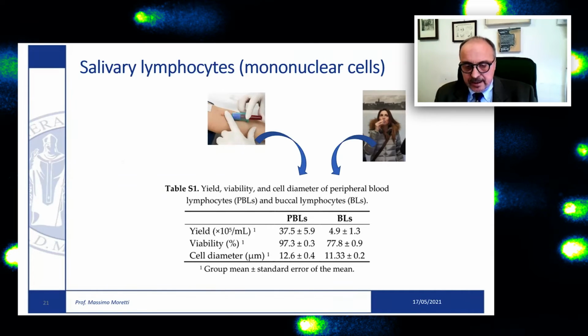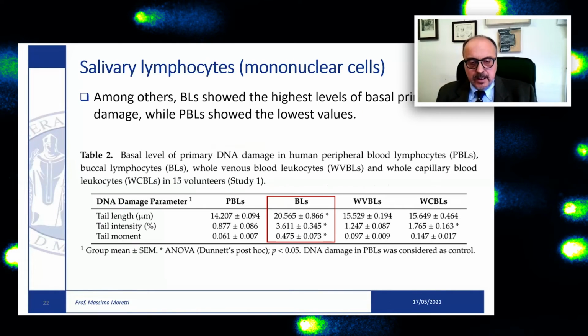You can also see that the viability of the peripheral blood lymphocytes is always very high, while the viability of the buccal lymphocytes is lowest. And the same, we have obtained a very high value of basal DNA damage in salivary lymphocytes compared to peripheral blood lymphocytes.